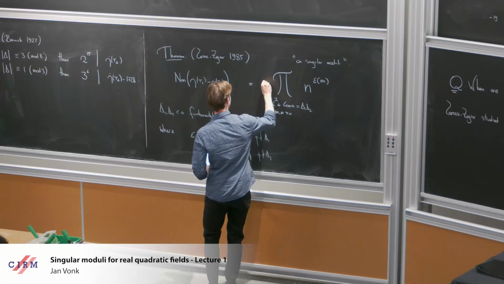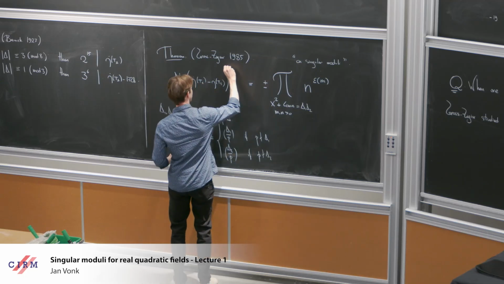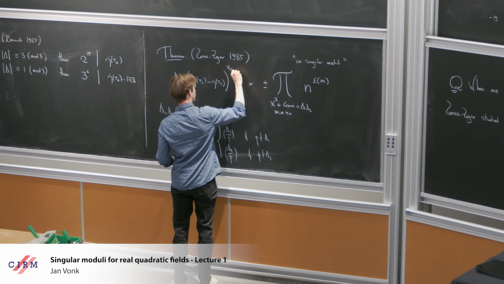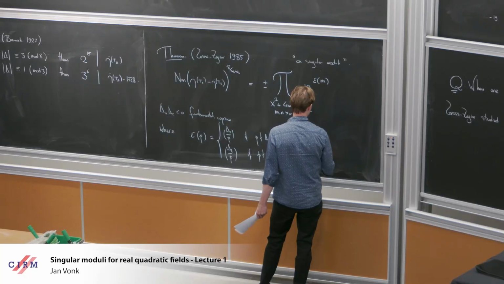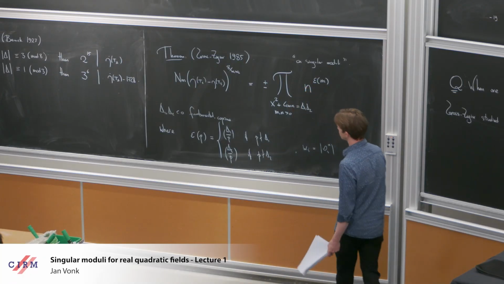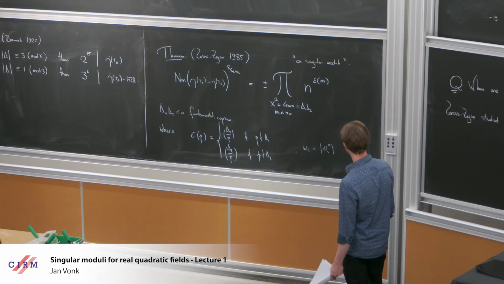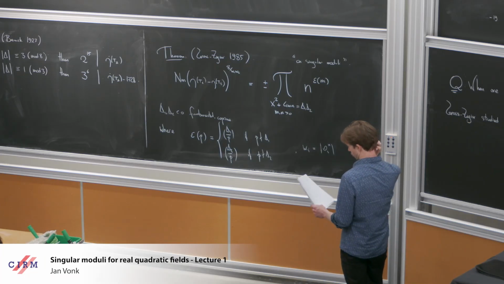Now I just have to put some bits and bobs. This is up to a sign, and I have to raise it to some power, which is 8 over w1 w2, where w_i is just the size of the unit group in the ring of integers of the quadratic field spanned by tau 1 and tau 2 respectively. So that's the formula.